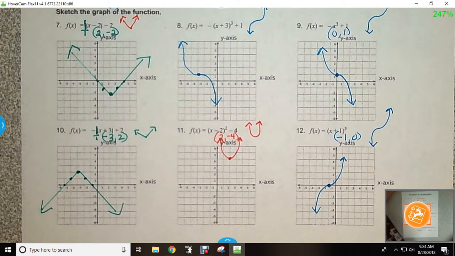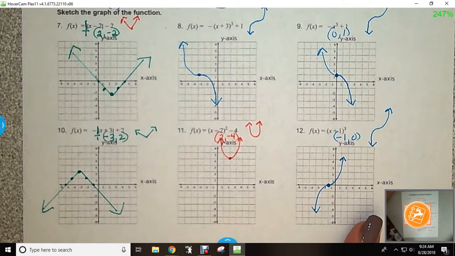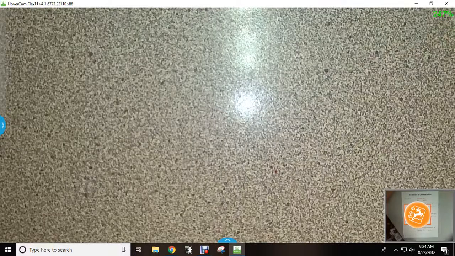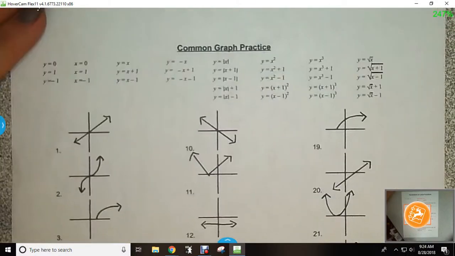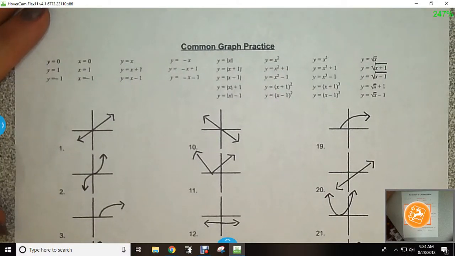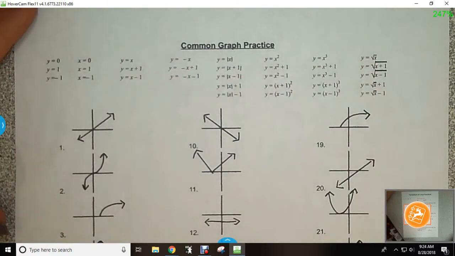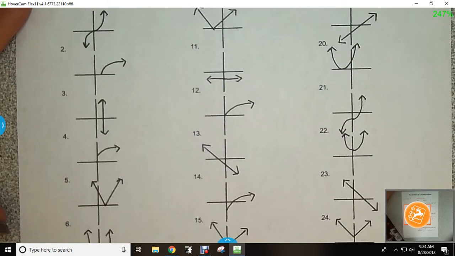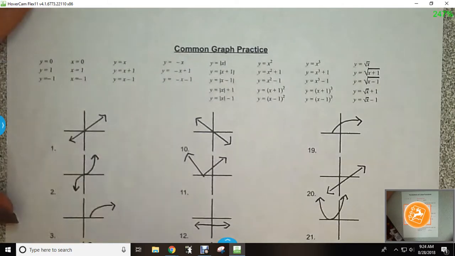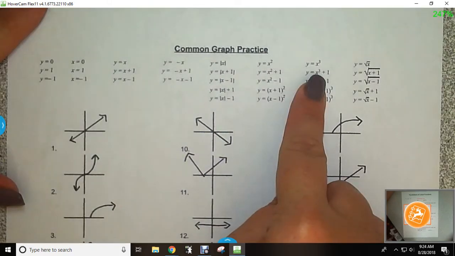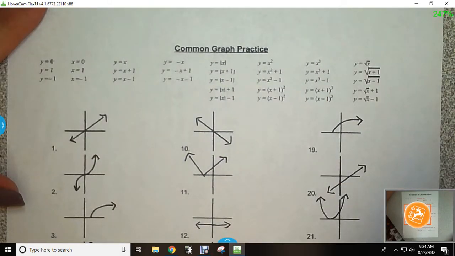So then on the back side of that sheet, you've got some common graph practice. You need to match these equations to these graphs at the bottom. Okay? You will not use all of these.